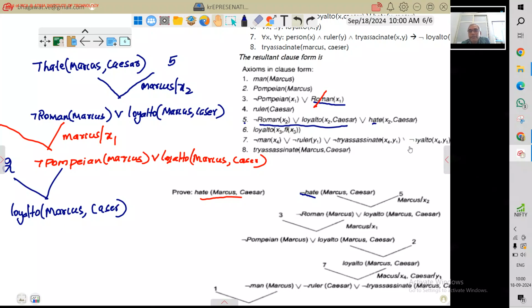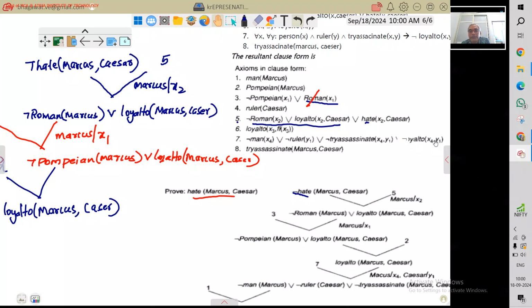Now look at the seventh one: here we have negation loyal to, right? You can see the seventh clause. So negation loyal to is there, and here loyal to, so we can cancel these two. So we consider the 7th clause from our knowledge base and resolve these two.